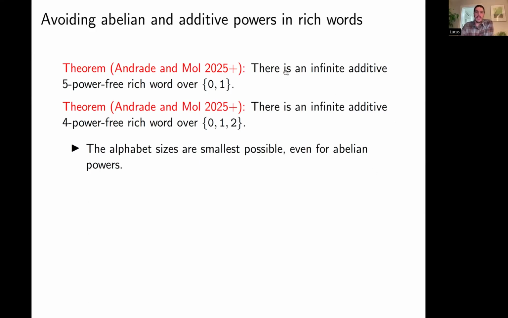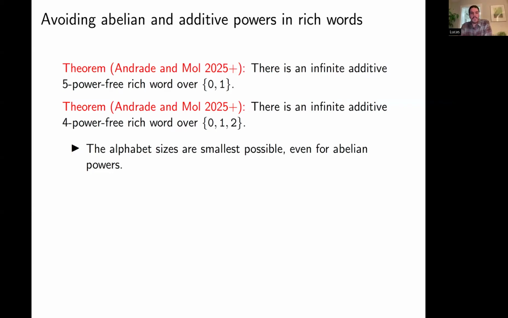I stated these results just for additive 5 powers and additive 4 powers. But of course, if you have no additive 5 powers, then you have no abelian 5 powers. If you have no additive 4 powers, then you have no abelian 4 powers. In fact, you can show that if you backtrack over 2 letters, then you're going to get an abelian 4 power.